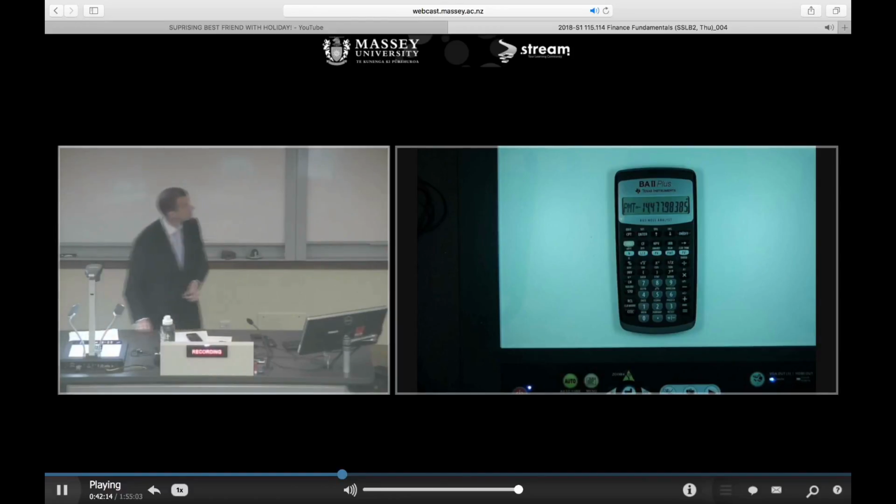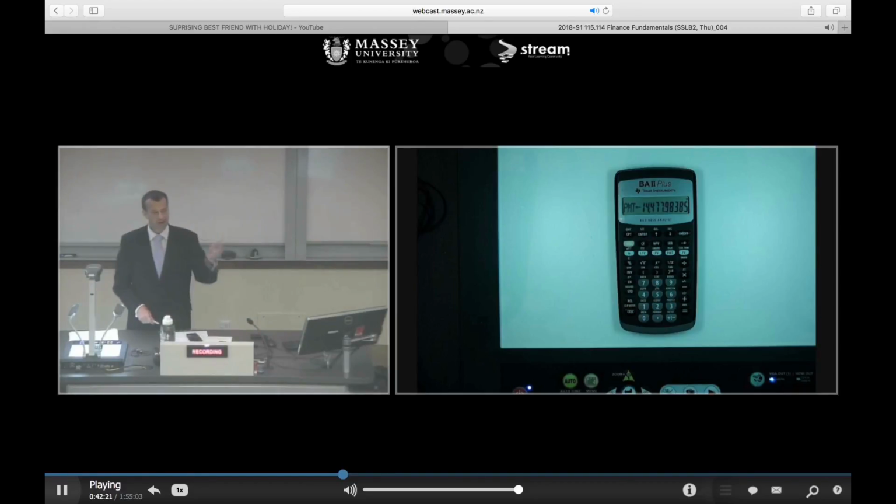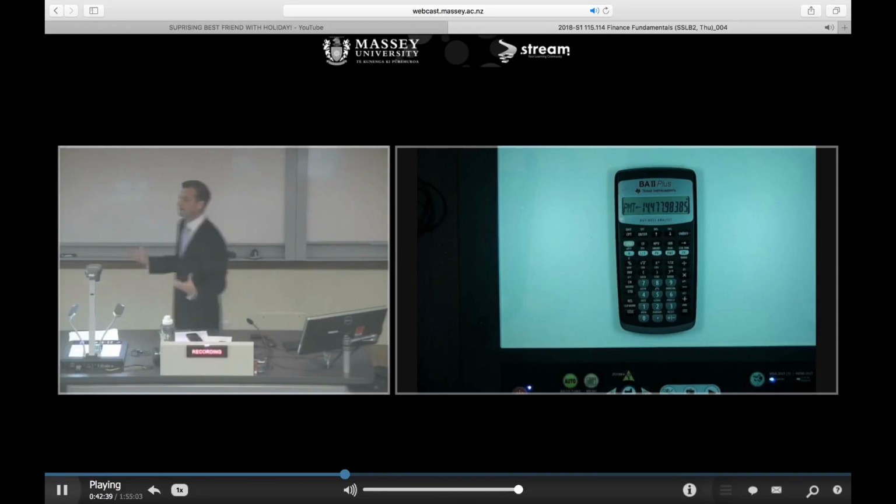So you'll see there that we end up with the answer, but there's a little negative in front of the answer, which is another one of these weird things about financial calculators, actually also Excel. So with Excel and financial calculators, one of the cash flows ends up being negative, and it's to do with what's happening to your bank account.